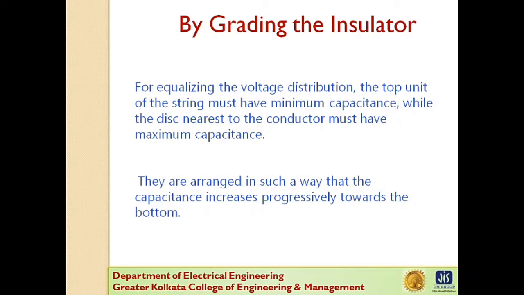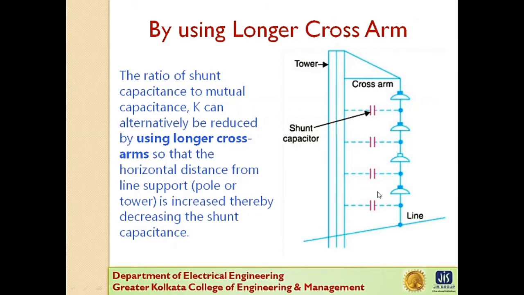The disc nearest the conductor has the largest voltage, so the value of capacitance is least in this disc, and the disc with lesser voltage has higher capacitance. As capacitance is inversely proportional to voltage, the values of capacitance are so chosen that the voltage of each disc is the same.